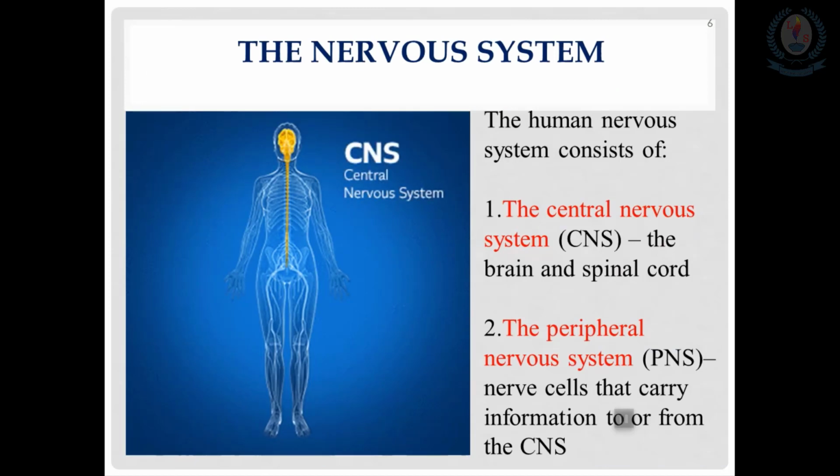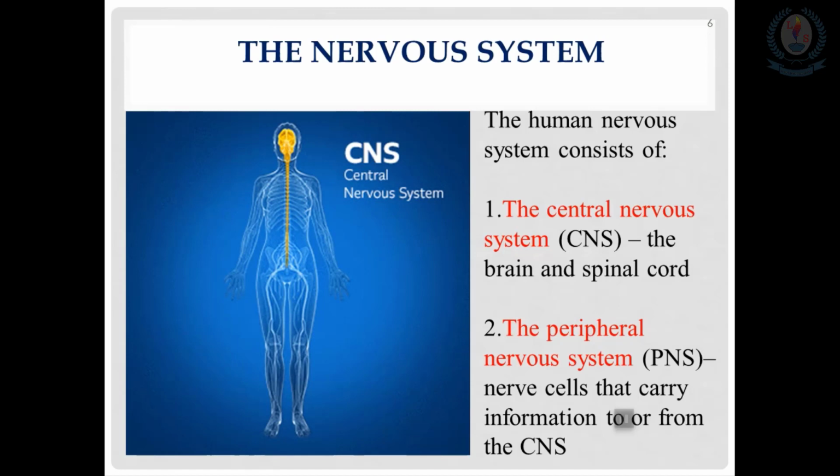Now, a key part of this coordinating system is the nervous system. It consists of two parts. We've got the central nervous system or CNS, which is the brain and the spinal cord. And then we've got the other nerves running to and from the central nervous system. It is known as the peripheral nervous system.